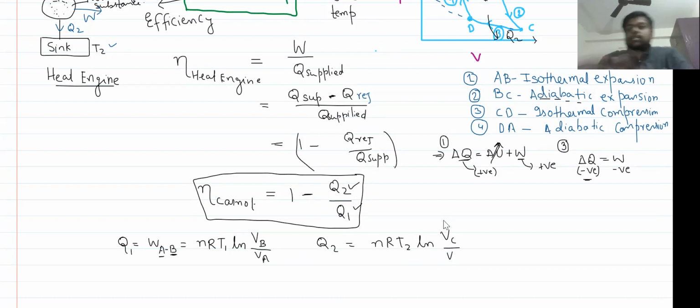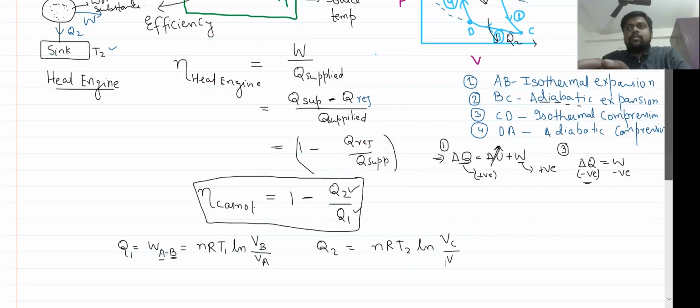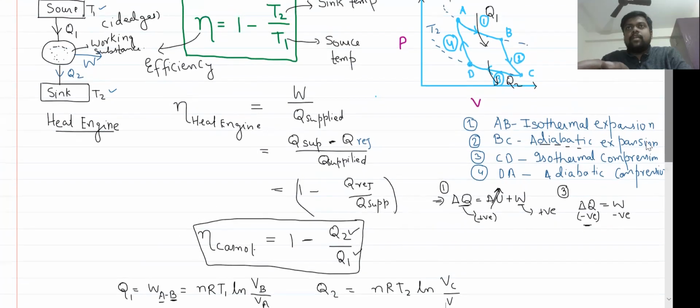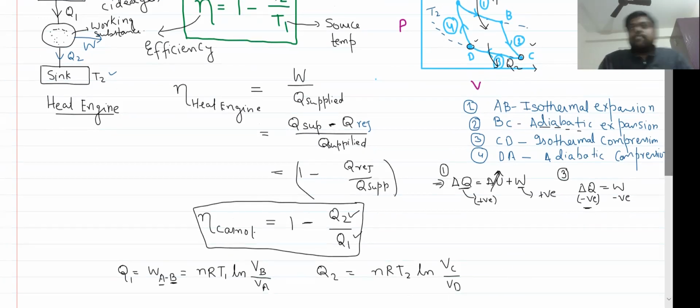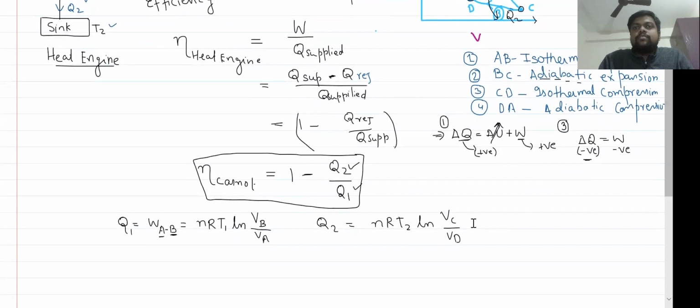Sorry, let us check once again. For this process we are interested in these 2 points. Whose volume is more? C volume is more than D. So we'll write VC by VD here, because we are interested in the magnitude only. Final by initial, if you do, you get a minus sign, but I already told you that this minus we have taken care of. So no need to write minus once again. We will just write the magnitude here.